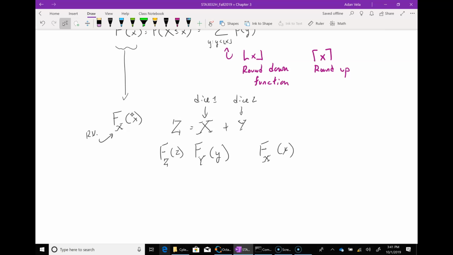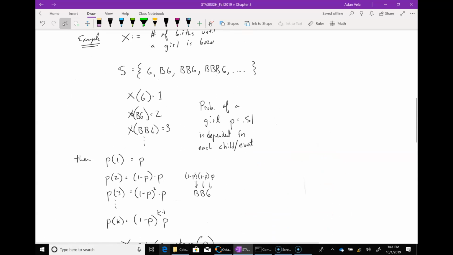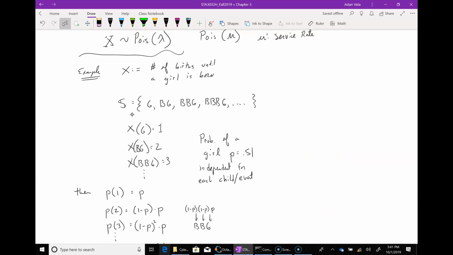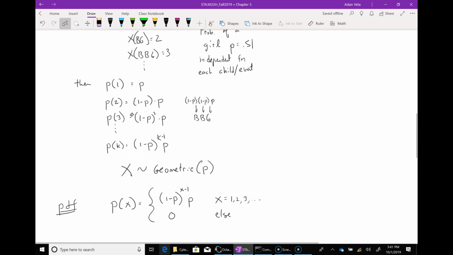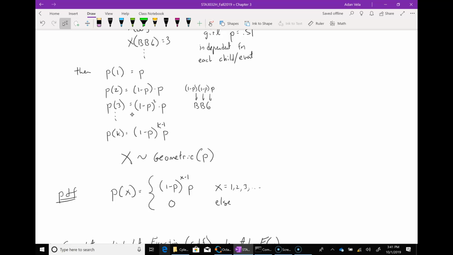CDFs are really useful because they kind of jump to the point, right? In this problem, I can give you the PDFs. I can say, what's the probability I have 2 boys before a girl? If we were to do that, it would just be 1 minus p squared times p.